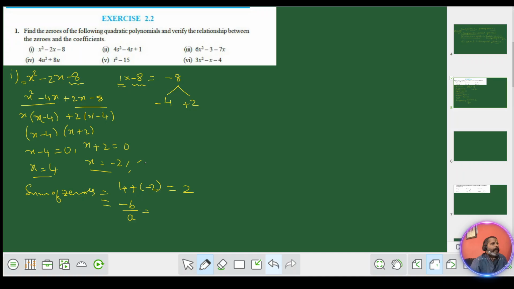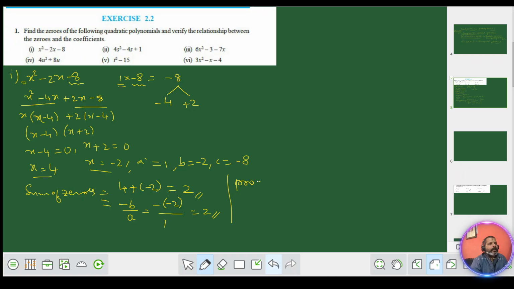A equal to 1, b equal to minus 2, c equal to minus 8, right? So minus b means minus of minus 2, because this minus is from the formula. B has the value minus 2, by a is 1, therefore 2. See, we got the same value.